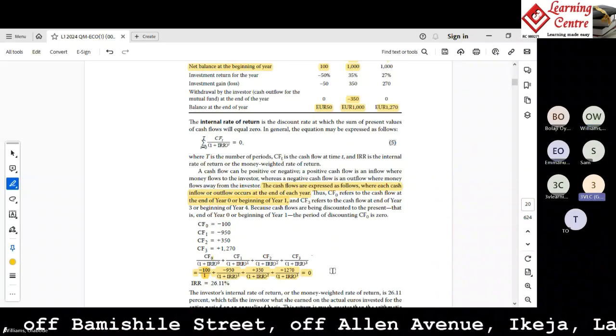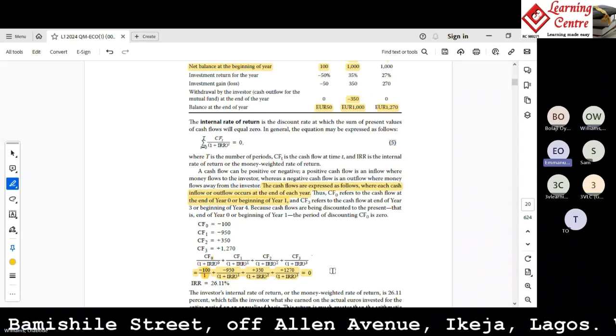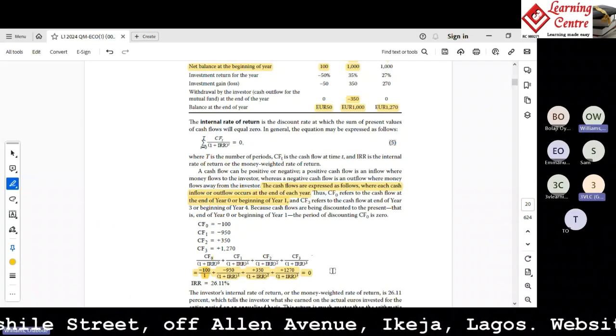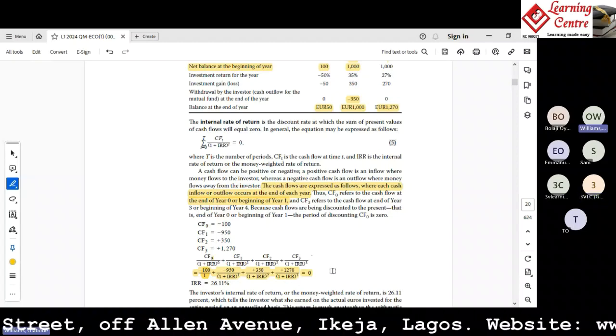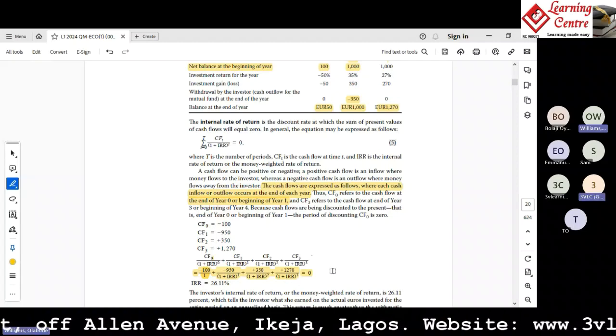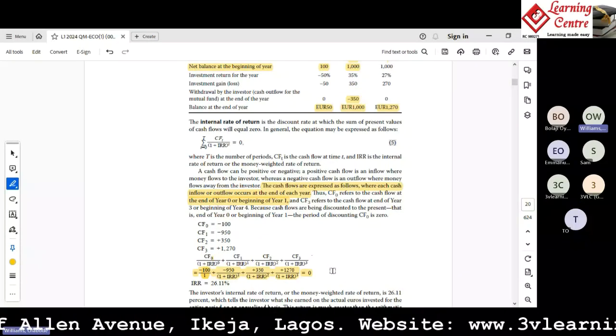It's supposed to be minus 45, but because 45 is negative, it will be minus minus 45. Do you get?